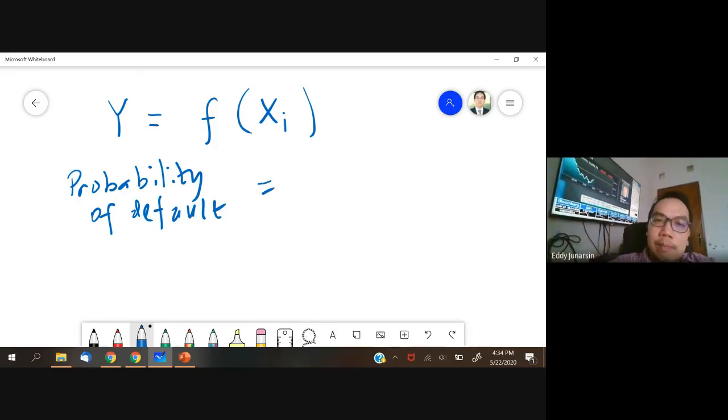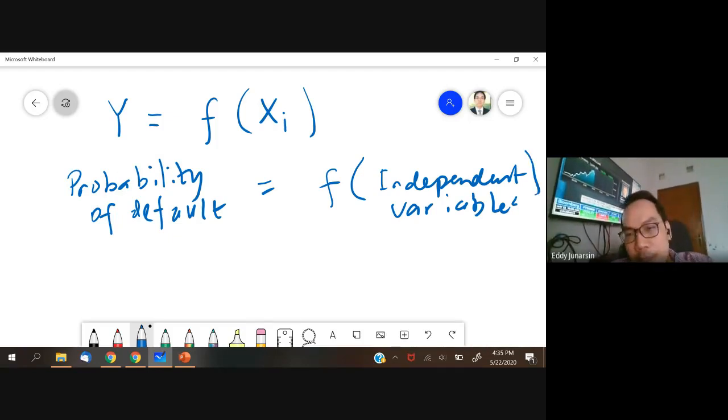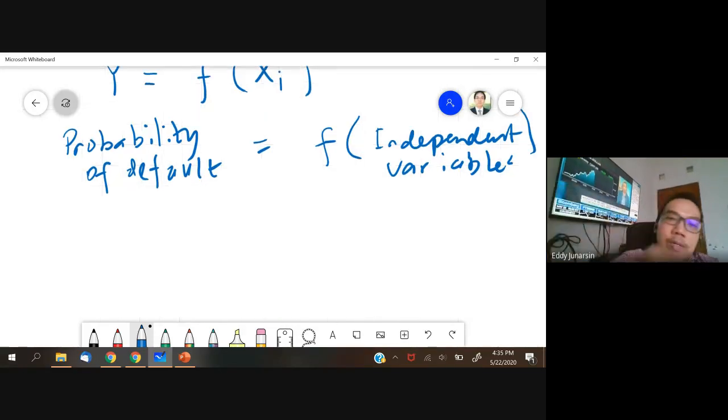And based on the dependent variable, we can test a series of independent variables. So there could be many conjectured independent variables, right? A lot of ratios that you could test, maybe the debt ratio, profitability ratio, and all other ratios or variables that you could test. So at the end, we'll have something like this, right?